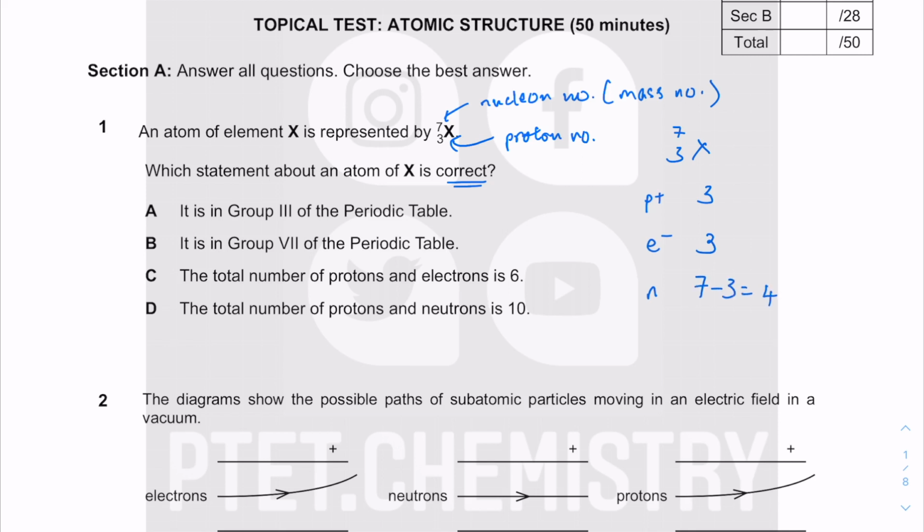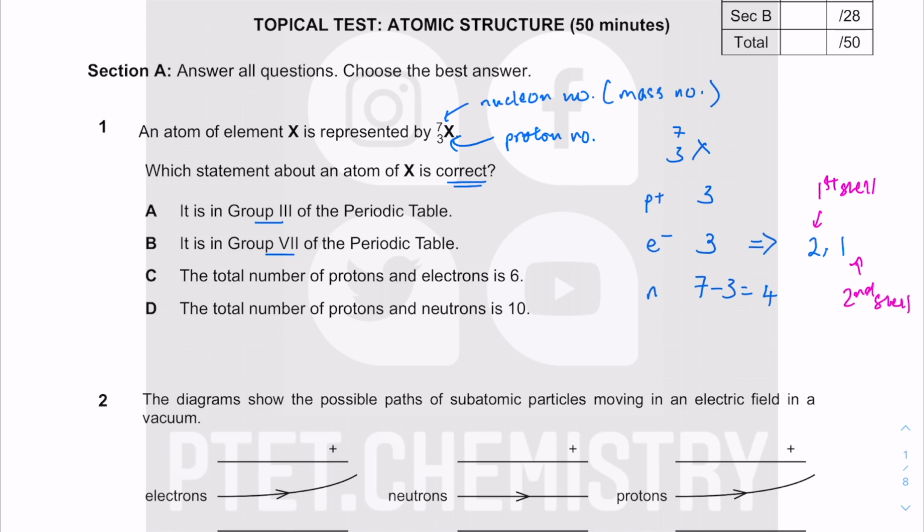Looking at options A and B, they are to do with the group number, group 3 and group 4, and the only way you can tell the group number is by working out the electronic configuration. This is element number 3 with 3 electrons, so the electronic configuration will be 2,1, because 2 plus 1 gives you 3 electrons: 2 electrons in the first shell and 1 electron in the second shell.